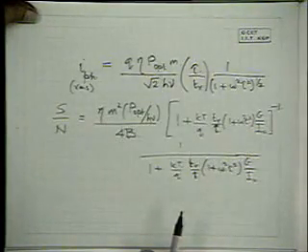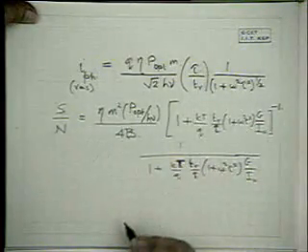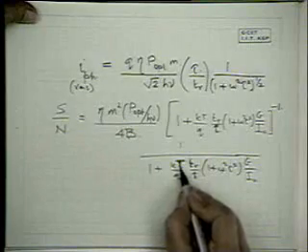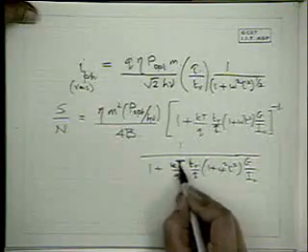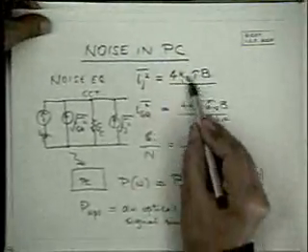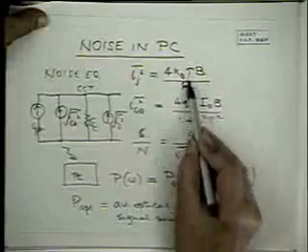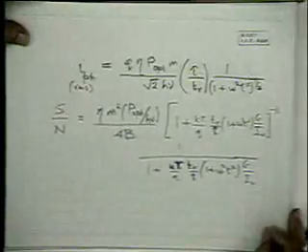There's temperature here in the denominator also. As temperature goes up, obviously the noise goes up, it's a general phenomenon. You have kT B here. So if T goes up, the signal to noise ratio will go down.